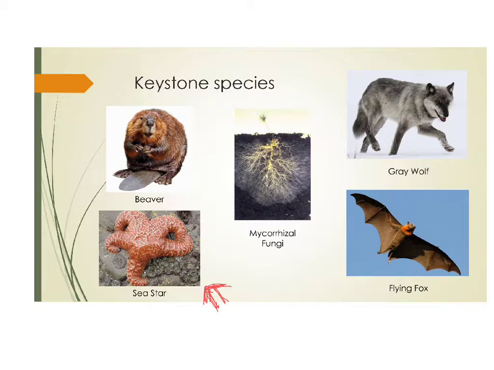Fungi are decomposers, and they enrich the soil through nutrient cycling. When the fungi are removed or killed off due to soil contamination or groundwater pollution, nutrient cycling is very inhibited in ecosystems. So while these guys are keystone species, many of them are also ecosystem architects.